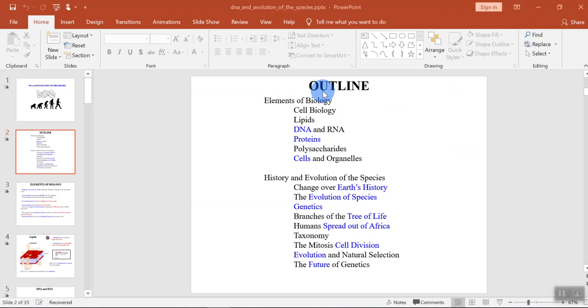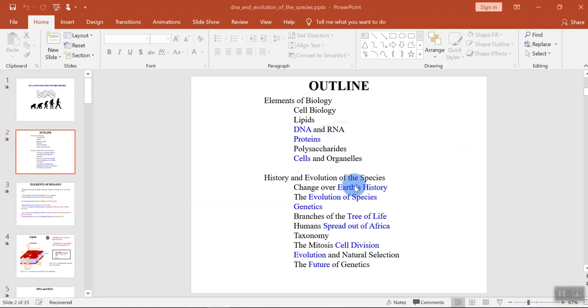Outline: two main sections, elements of biology, and then history and evolution of the species. In the elements of biology, we'll see DNA, RNA, proteins, cells and the organelles inside.